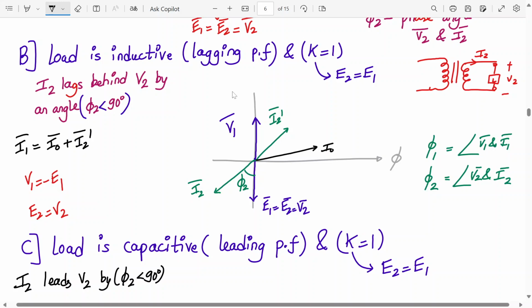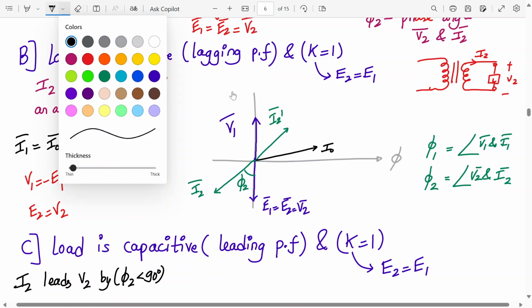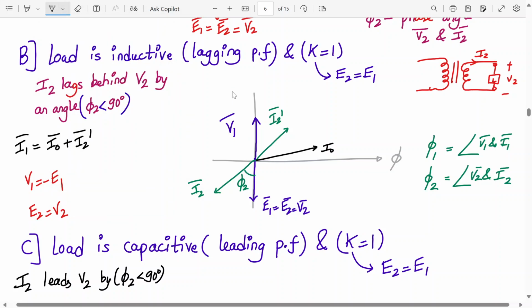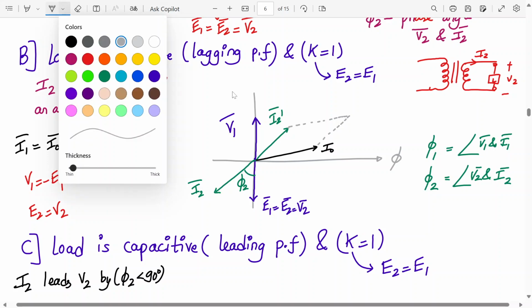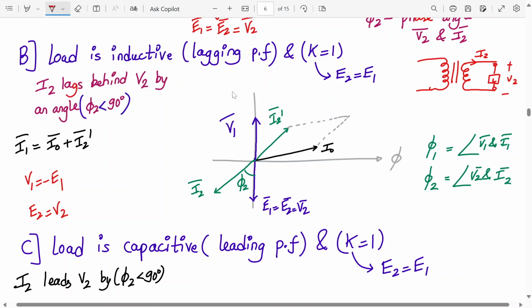If this is I0, how will I plot I1? Parallelogram method. So the resultant component here will be I1 dash.